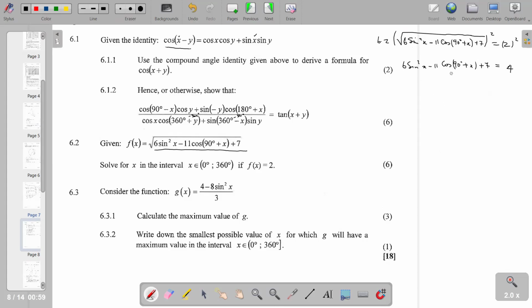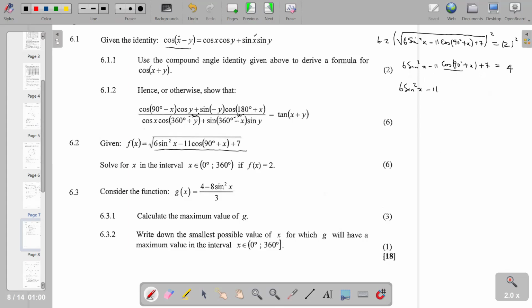Then from there, we have to make sure that we express all the ratios as one. So here, we are going to have our 6 sine squared x minus 11.